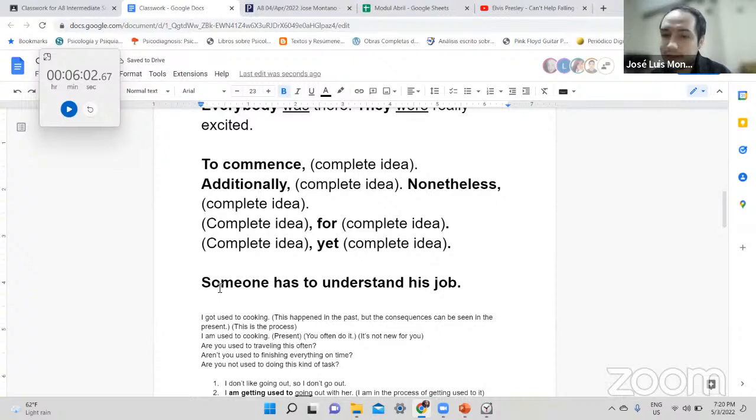What do you say, Larissa? Do you agree or do you disagree? What would you do here? "Uno tiene que entender su trabajo." What do you say?